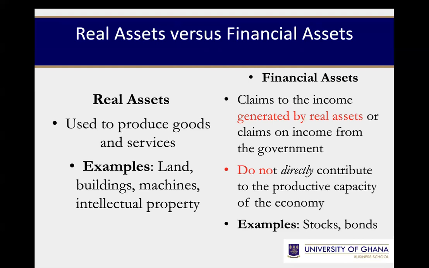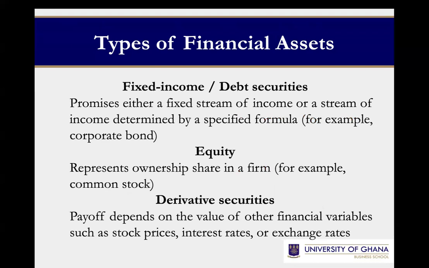So they do not directly contribute to the productive capacity, but indirectly, they do so by providing the relevant funding in terms of investors while the real producers do the work. So it is more of a partnership that ensures that an economy grows and grows well.